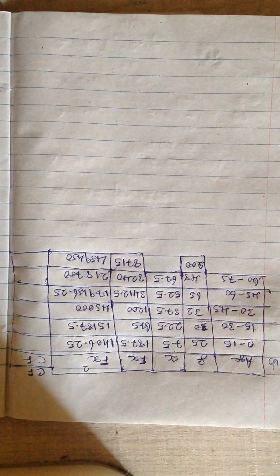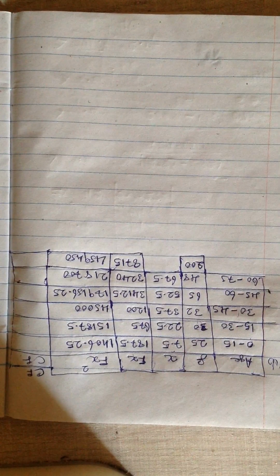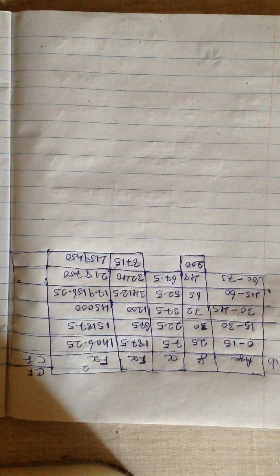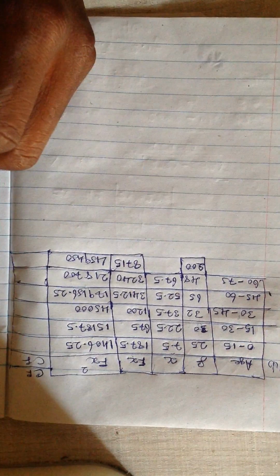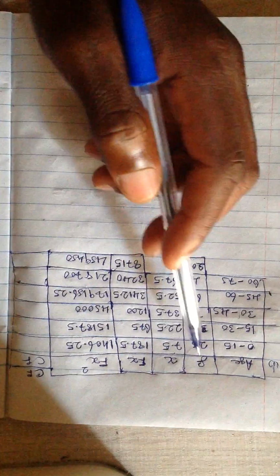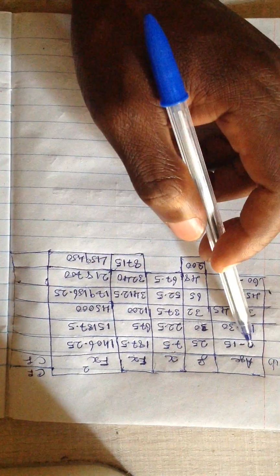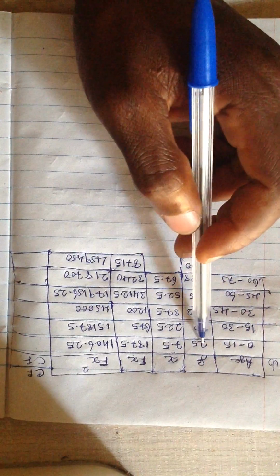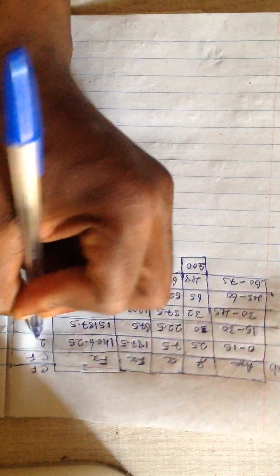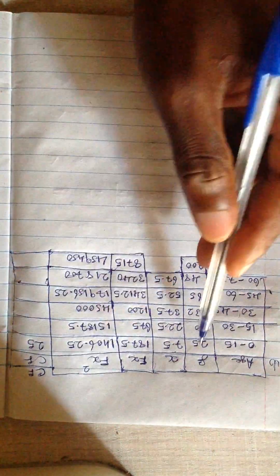So what are we supposed to do? For the cumulative frequency, we have our zero. What is 0 plus 25? We're going to have our 25. Just put the starting figure from the frequency here.